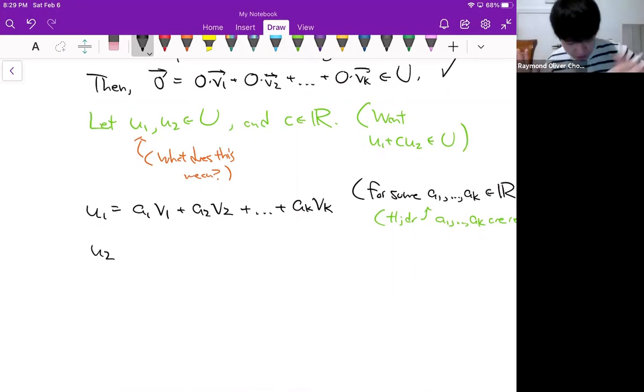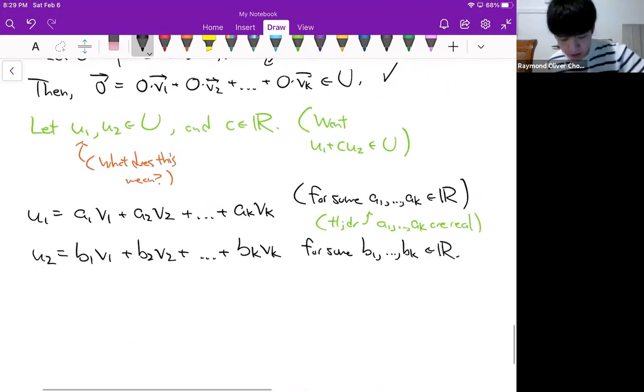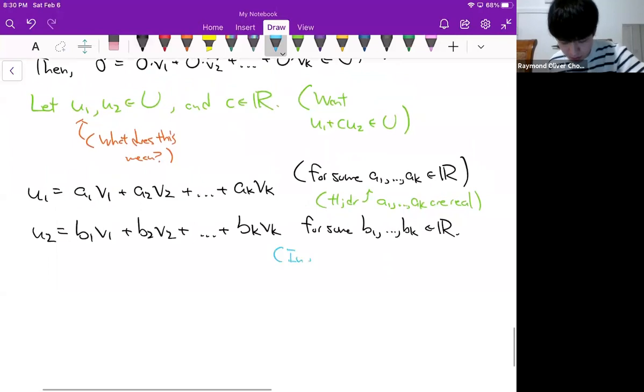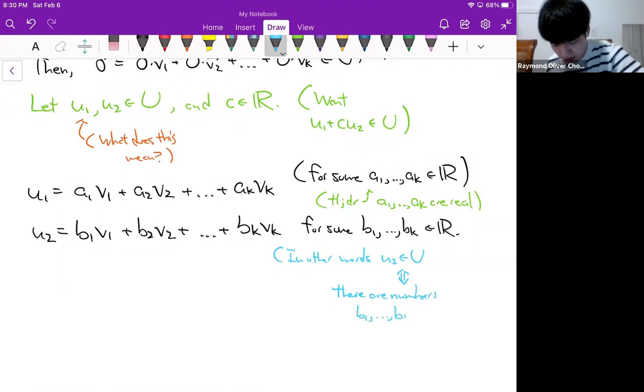That means there are these mystery numbers, I'm going to call these ones B1 up until BK, so that U2 equals B1 V1 plus B2 V2 up until BK Vk.